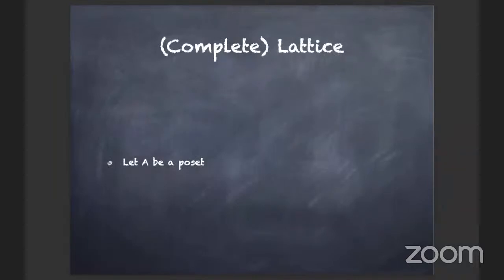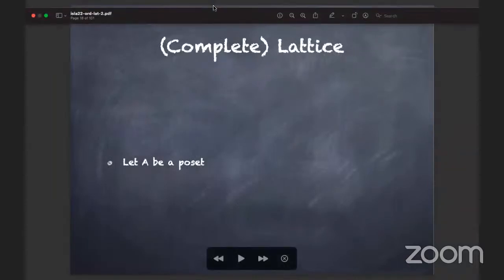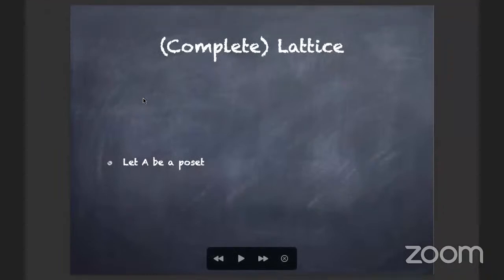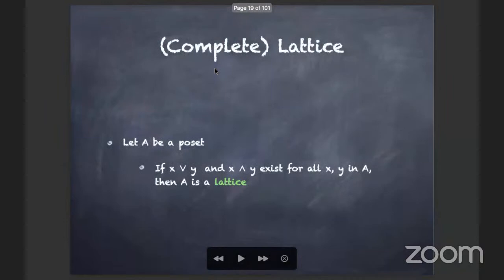Now, let us come to the definition of a lattice. Take any poset A. If X meet Y and X join Y exist for all X, Y in A, then A is said to be a lattice.